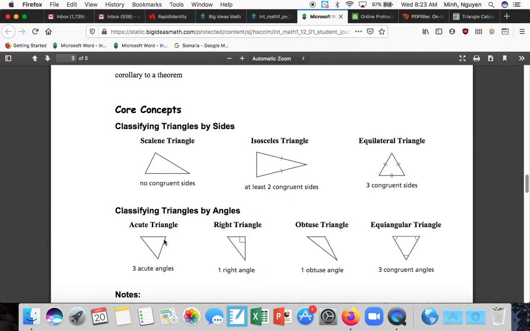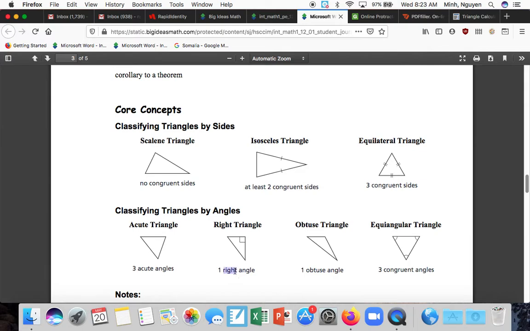If this angle right here was 90 degrees, it would be here, then here, but it's not. And lastly, if this were a 90-degree angle, it would probably look something like this, here to there. But again, it's an acute angle, so it's less than 90.